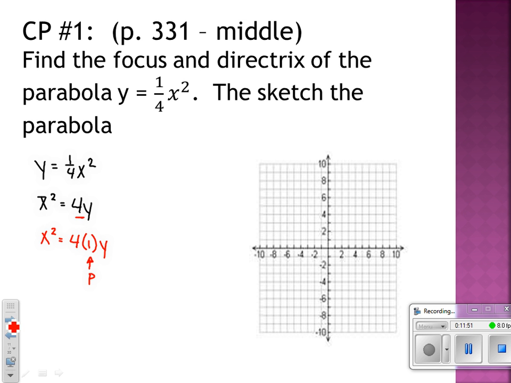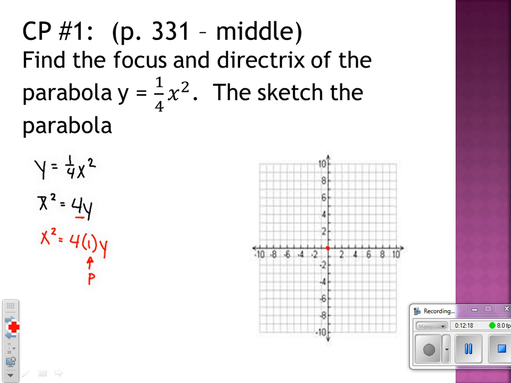So my p value on this one is going to be 1. Okay, so if I have an x squared, I know I'm going to be opening either up or down. In looking at this one, I know it's going to open up because I have a positive value, not a negative. We know that from our reflections from chapter 2. My vertex is still (0, 0).